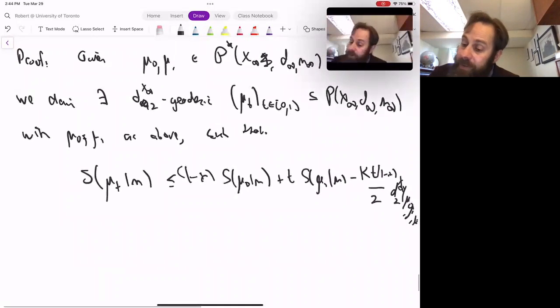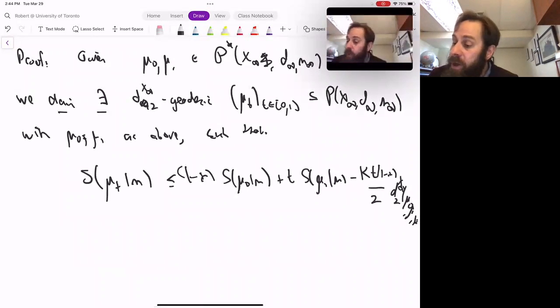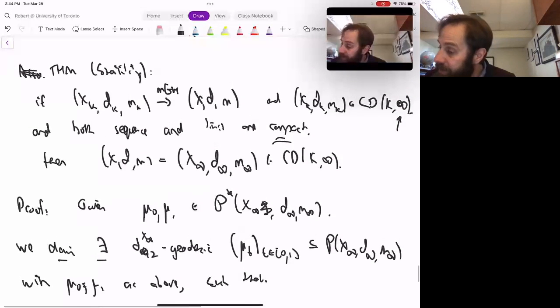And so where are we going to get such a thing? Well, what we know is that the approximating spaces are in CD(K,infinity).